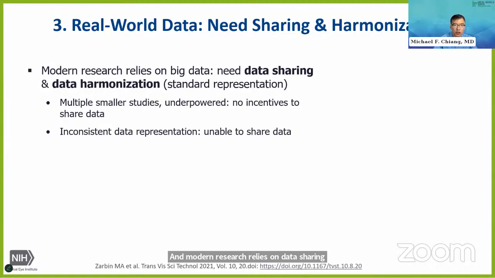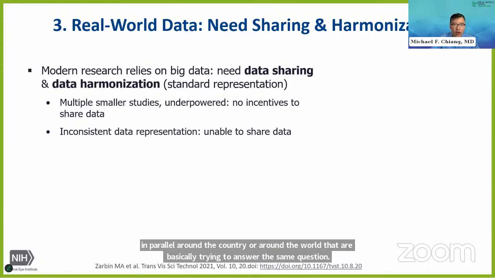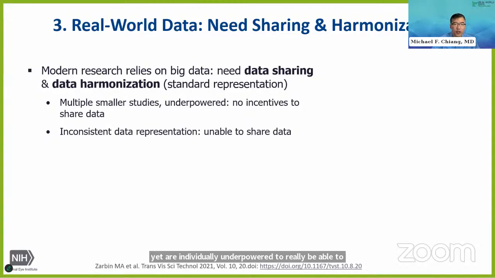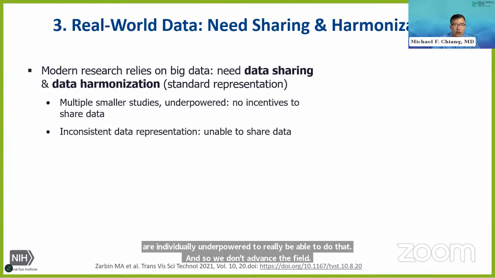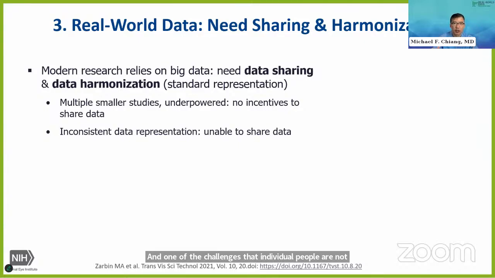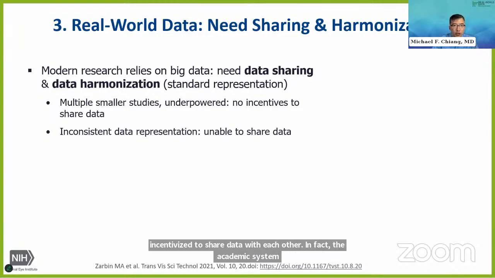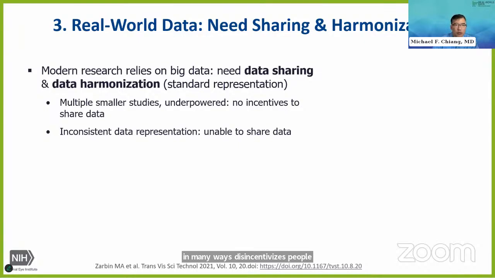Okay, we see this all the time, where the first bullet point here is that there are multiple small studies going on in parallel around the country or around the world that are basically trying to answer the same question, yet are individually underpowered to really be able to do that. And so we don't advance the field. Okay, and one of the challenges is that individual people are not incentivized to share data with each other. Okay, in fact, the academic system, in many ways, disincentivizes people to share. I'll talk a little bit more about that.